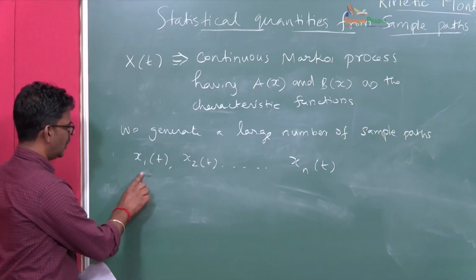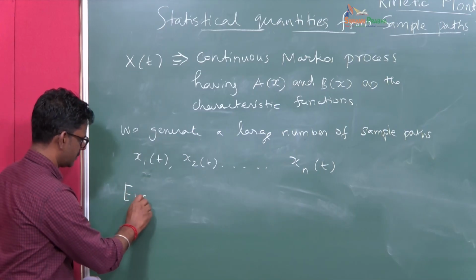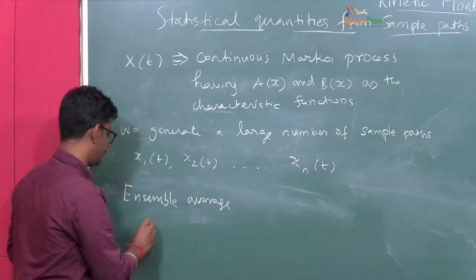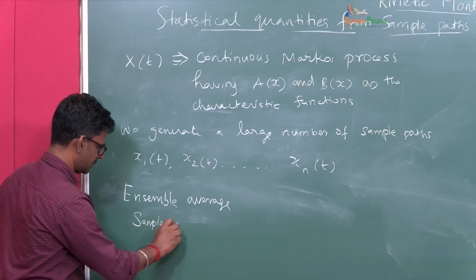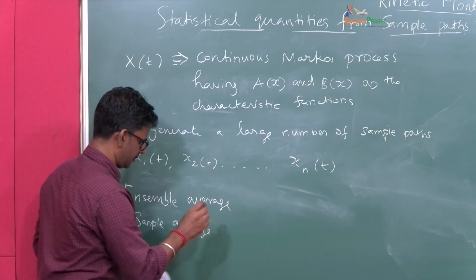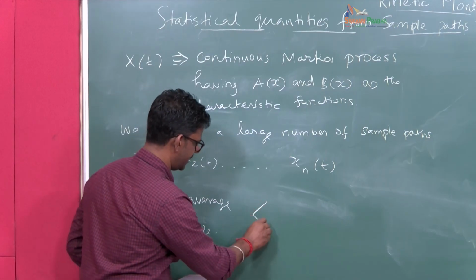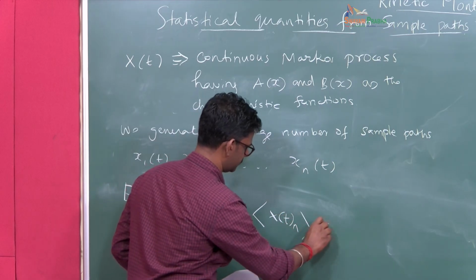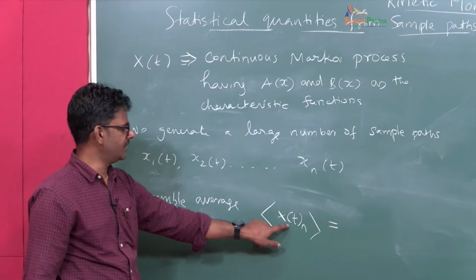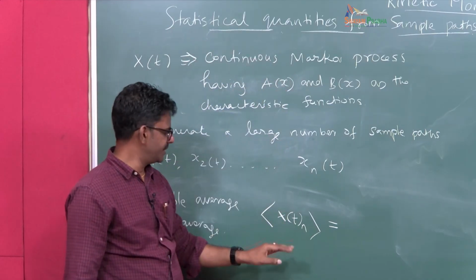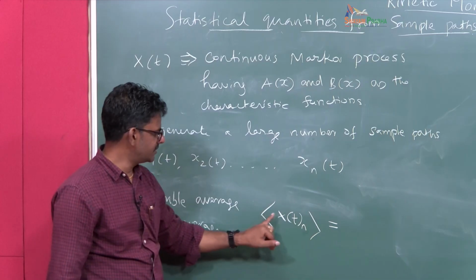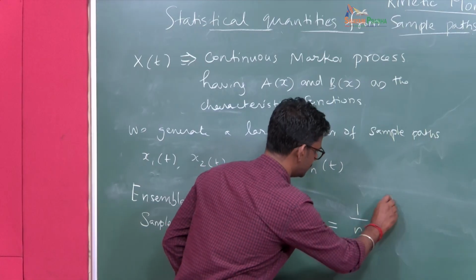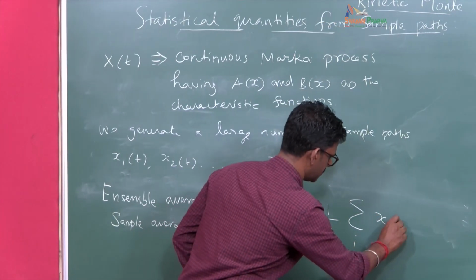So then we call what is called this ensemble average, or you could say a sample average, with the symbol x, xt. So this capital X of t is the Markov process that I am interested in, and this suffix n here means that this is a mean quantity over n number of sample paths, that can be simply written as 1 by n. Okay.